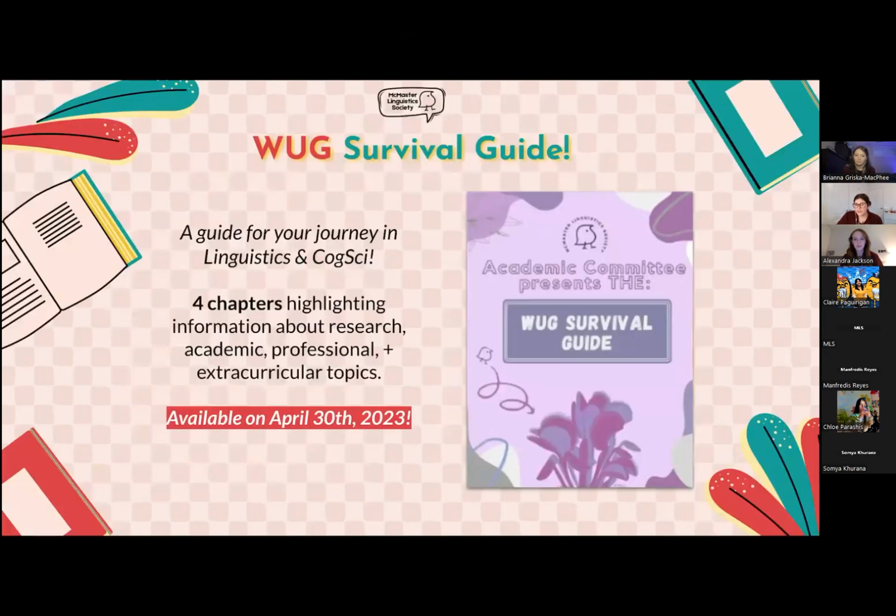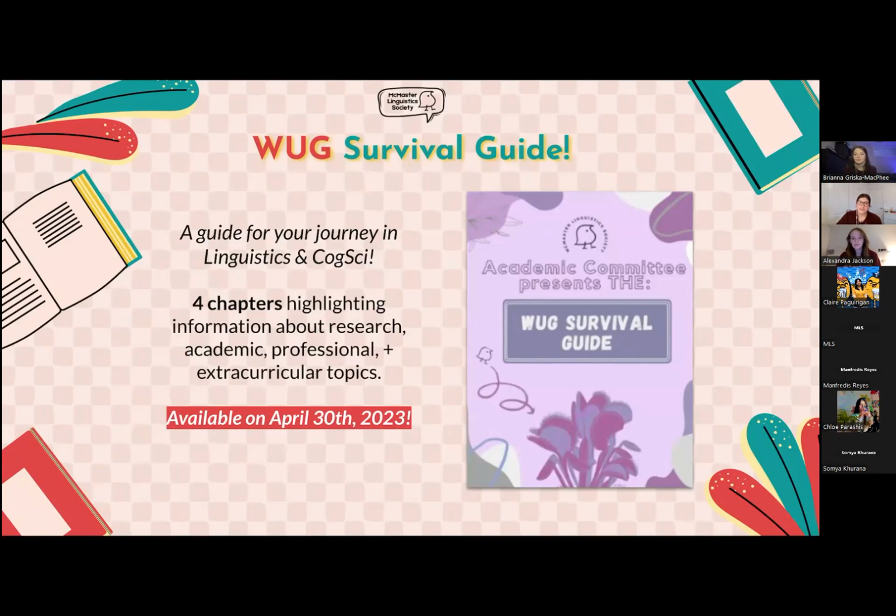I guess this is also having to do with you guys, but the academic committee has made their WUG survival guide, which is basically just a guide for your journey in linguistics and cognitive science of language. The academic committee has been working very hard on this, I believe, for the entire academic year, right? Yeah, you guys have been working on this for a while.